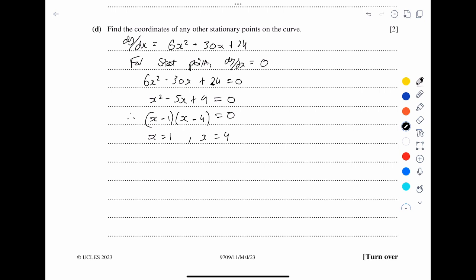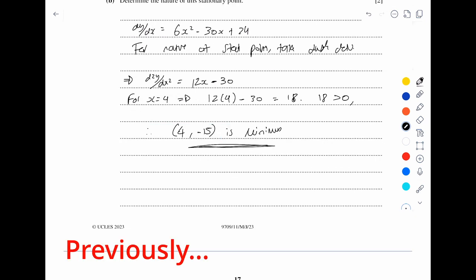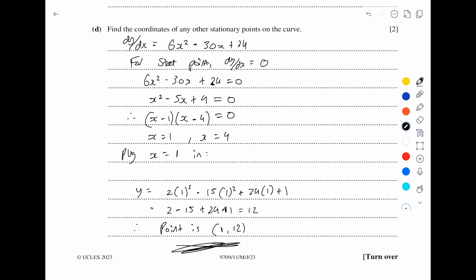In this case, setting dy by dx equal to 0 gives x equals 1 or x equals 4. We've already covered x equals 4 before, and that gives us 4, negative 15. Now with this in mind, we have to plug in x equals 1, which gives us 12, which tells us that our other stationary point here is 1, 12.